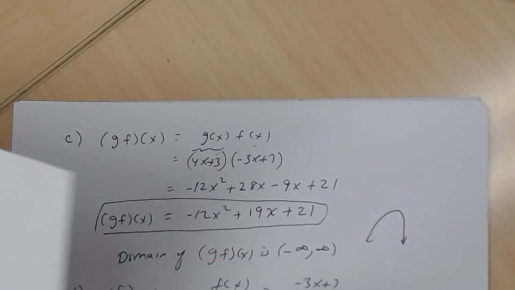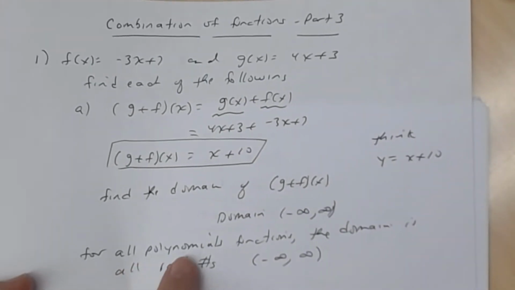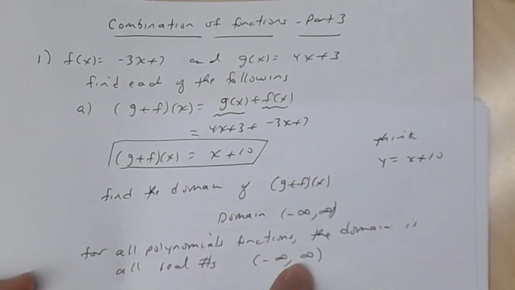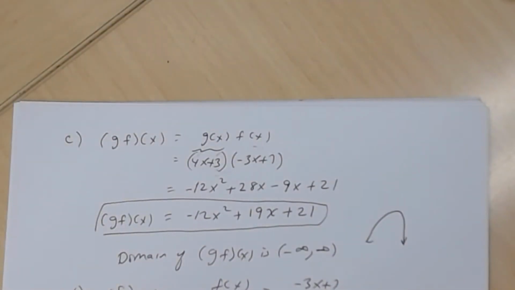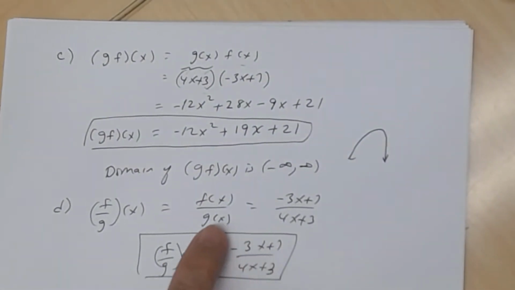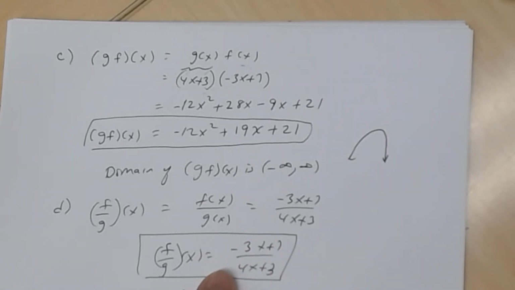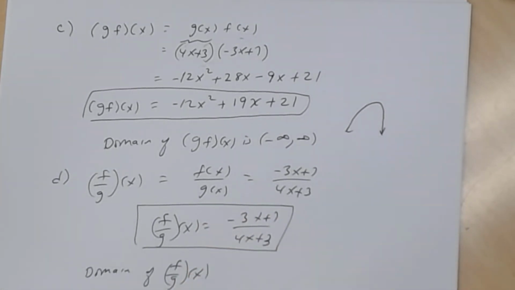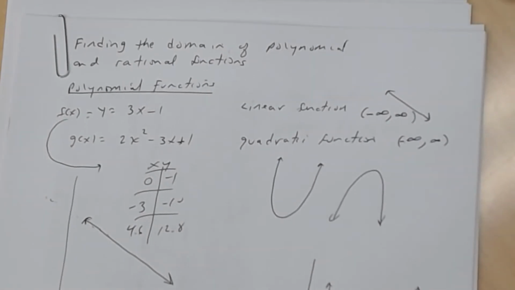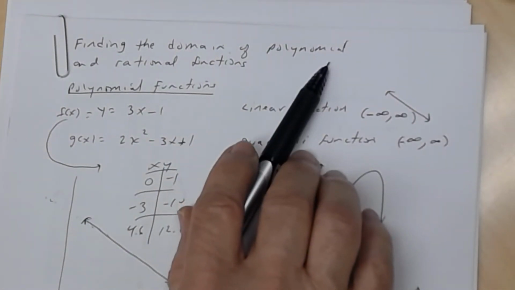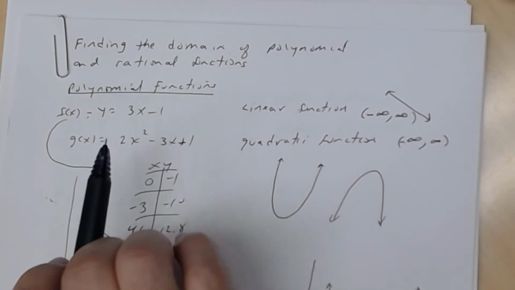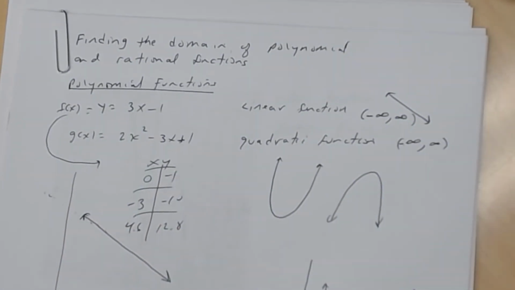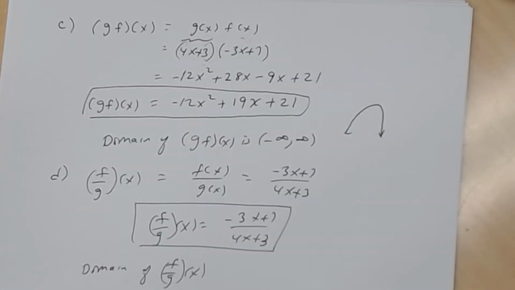Well, remember, we know that the domain of all polynomial functions is all real numbers. But if I look at part D, though, if I look at my new function here, is that a polynomial function? No, it is not. What function do you think this is? Well, remember in our previous lesson, we talked about finding the domain of polynomial and what other function? Rational function. So this right here is a rational function.